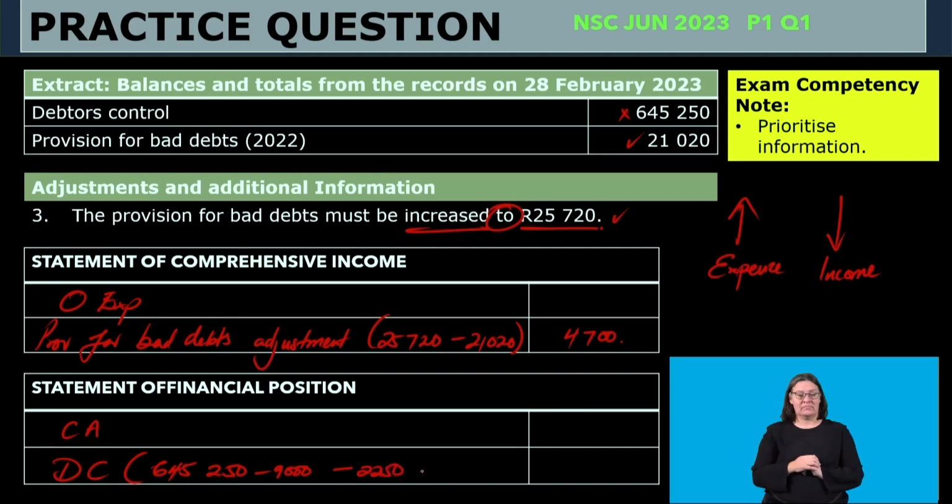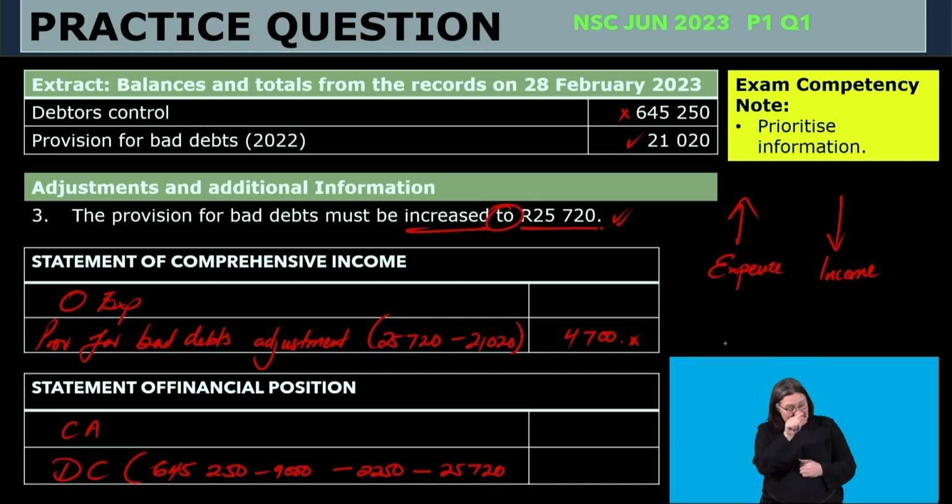So we will now say minus which one? We will not minus the 4.7, because here we take the entire amount that has been adjusted to. Not the 4.7, but the entire amount, which is your 25,720.